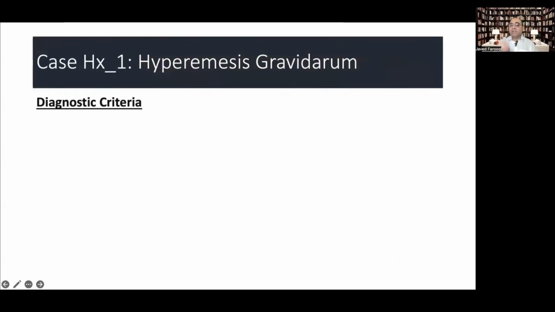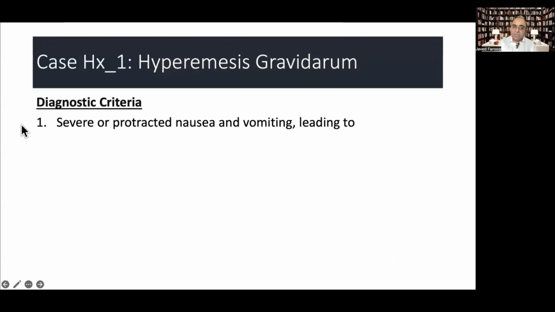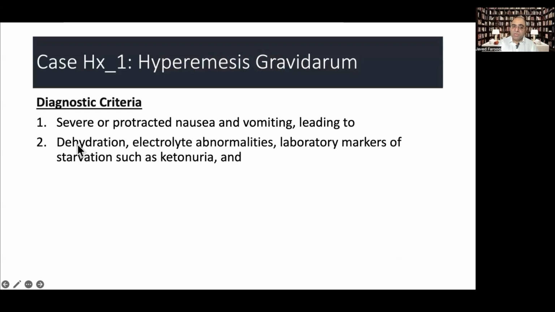When we diagnose a pregnant lady that she is having Hyperemesis gravidarum, there's a set diagnostic criteria for that. Number 1, there will be severe or protracted nausea and vomiting, leading to, number 2, dehydration, electrolyte abnormalities, and laboratory markers of starvation such as ketonuria.